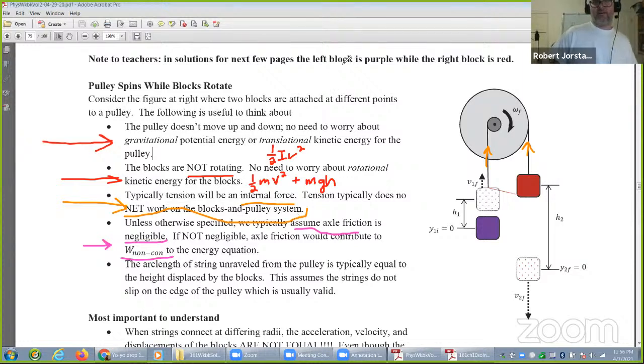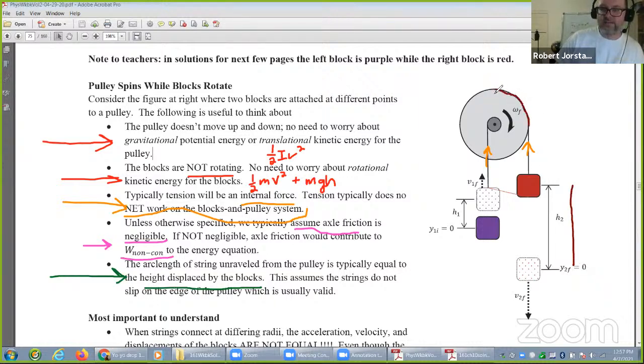And now, why is this problem really challenging? The arc length of string unraveled from the pulley is equal to the height displaced by the blocks. What I'm saying is, if this one falls, let's say this one falls some distance h2.